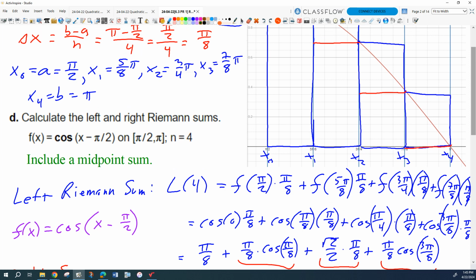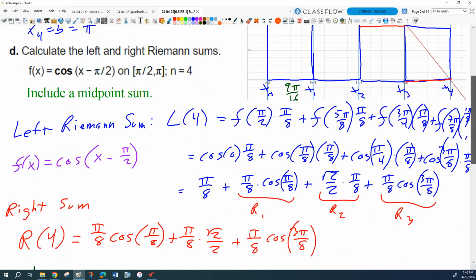Where in that first interval would I be evaluating the height? It's really inconvenient. It's going to be the middle of that first section, right? So where is that? Well, what's halfway between pi halves and 5/8 pi? Unfortunately, it's 9/16 pi, right? That's really inconvenient because we're only going to add a 16th instead of an eighth to pi halves, or average the two.